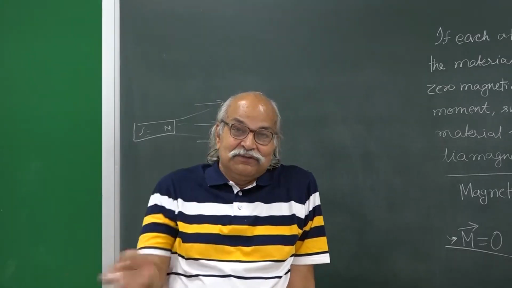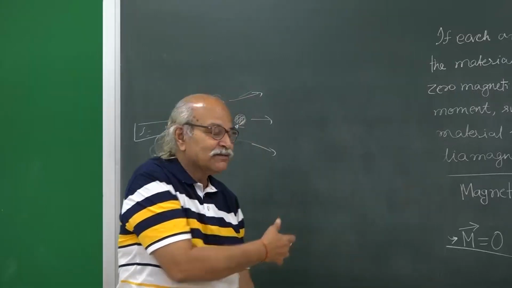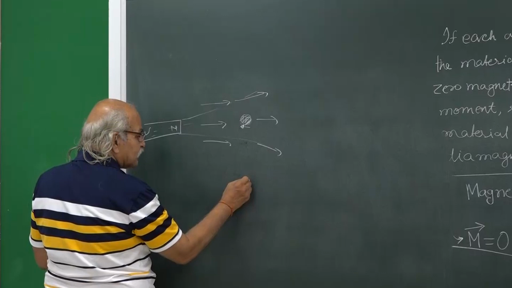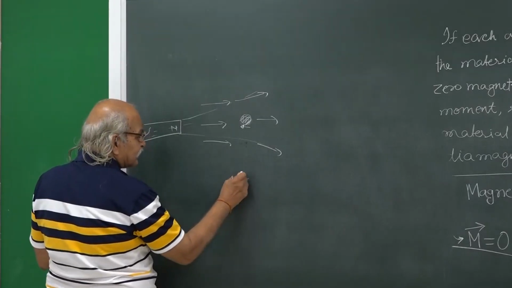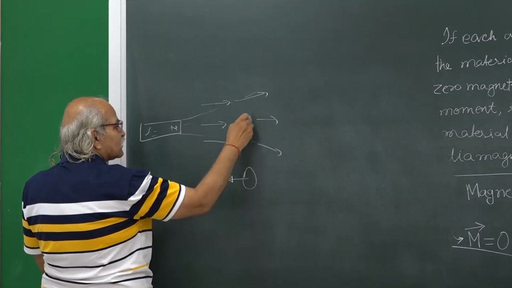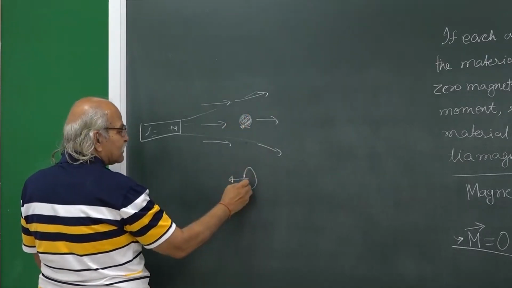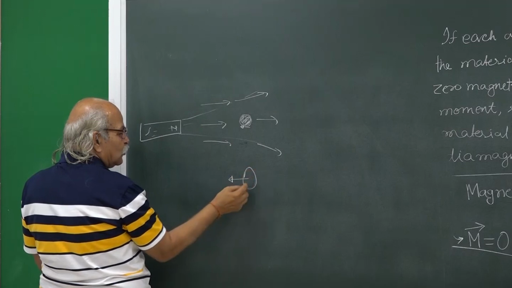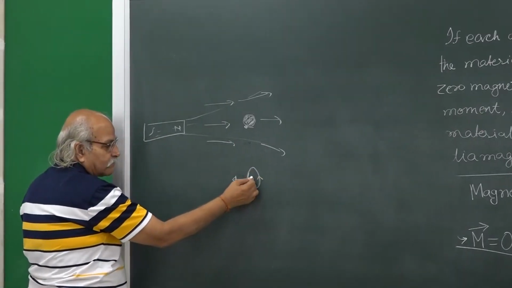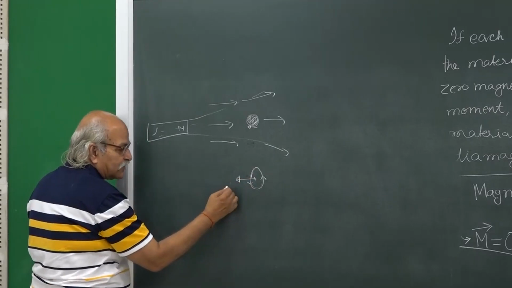So go back a few lectures, where we did that: if the magnetic moment is in this direction, then this whole small object is equivalently a current loop, and looking from this side it should be anticlockwise, and this is the dipole moment.